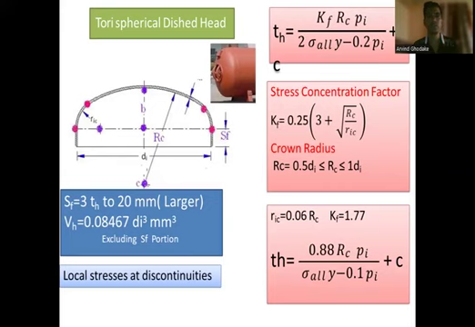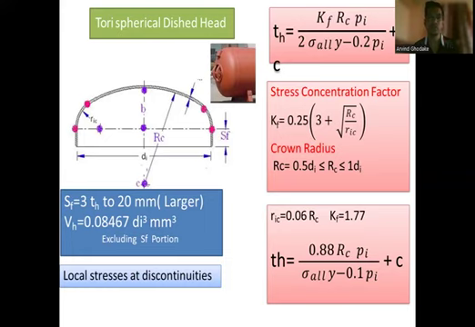Then Kf is the stress concentration factor, which is calculated by using the formula Kf is equal to 0.25 into 3 plus square root of Rc upon Ric, where Rc is equal to 0.5 Di, which will be less than Rc less than 1 times Di. Then RIC is always equal to 0.06 times Rc, and Kf is equal to 1.77.